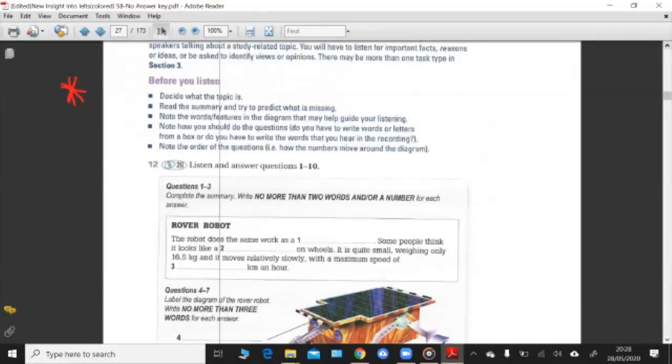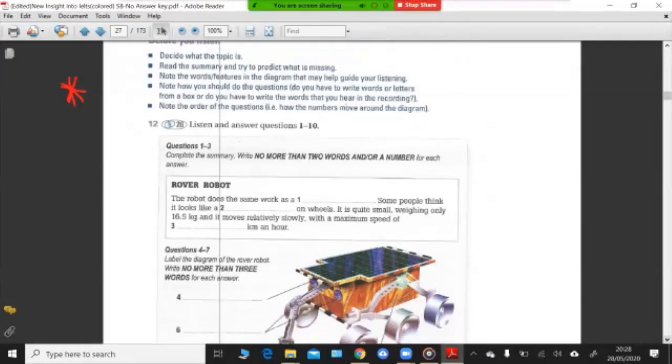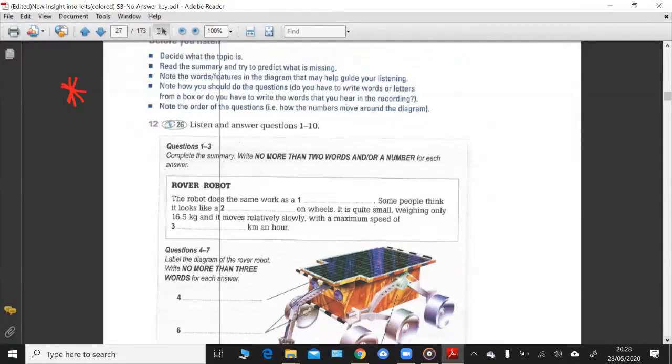Okay. Now the second thing is read the summary and try to predict what is missing. What information is missing in the text here, which you will be asked to complete. The robot does the same work as a dash. They are comparing the robot with someone, maybe like the human, some kind of comparison.